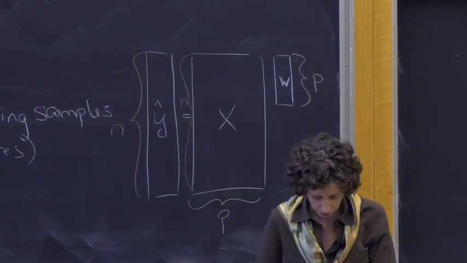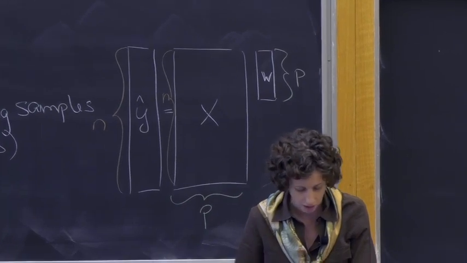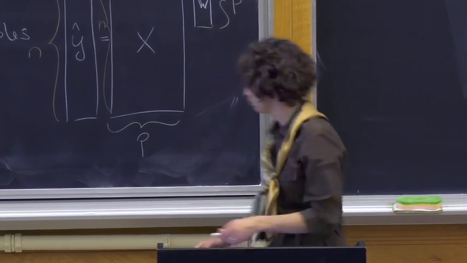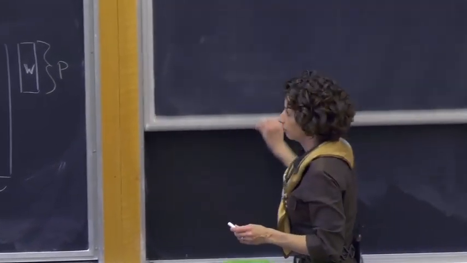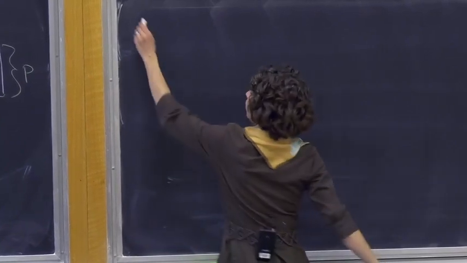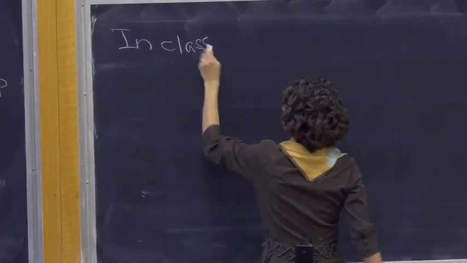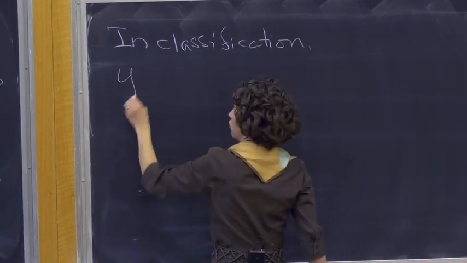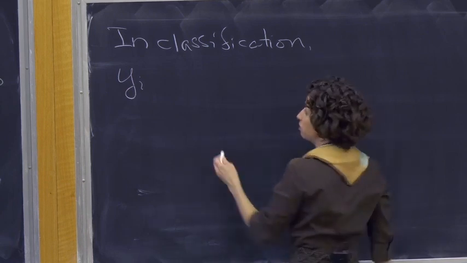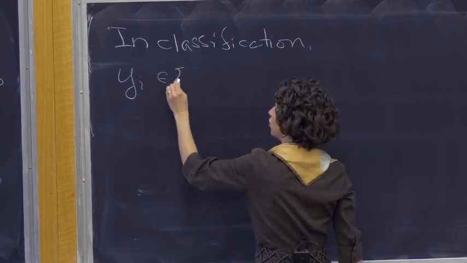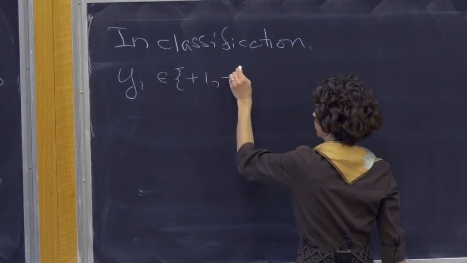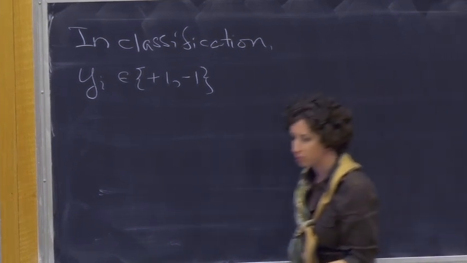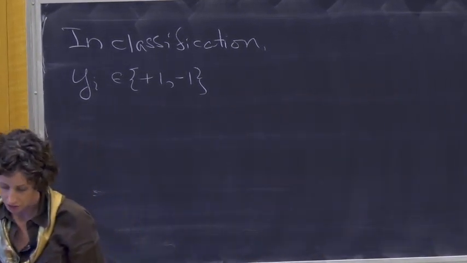So to start off, what I would like to do is, first of all, talk about this in the particular setting of classification. Let's imagine that our yi's, our true labels, aren't just real numbers, but they actually can only be +1 or -1. So for instance, in our example where people are smiling or not smiling, we have +1s for smiles and -1s for not smiles.